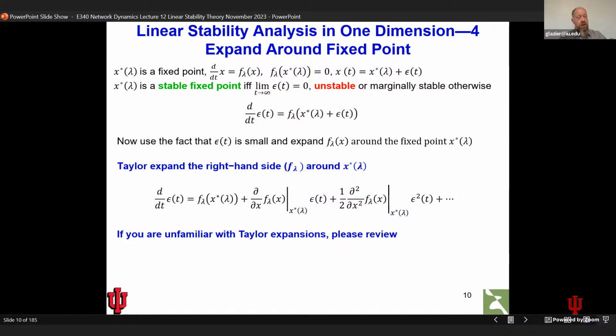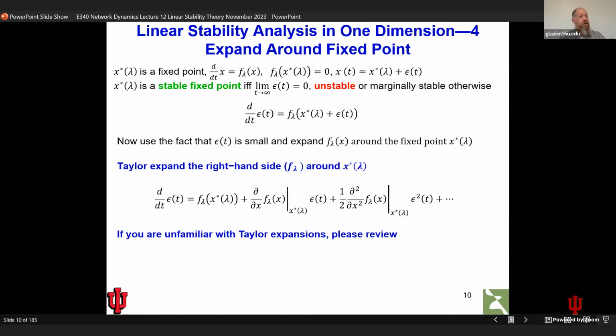The next order term is 1/2 times the second derivative of f, also evaluated at x, times epsilon squared. And then the next one would be 1/6 the third derivative of f evaluated at x star times epsilon cubed, and so on going up in higher orders.